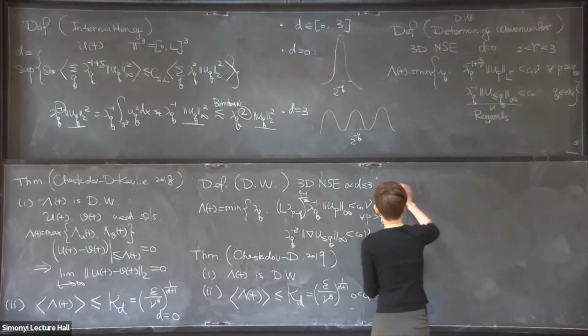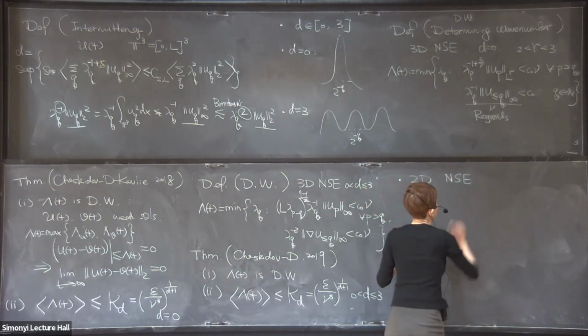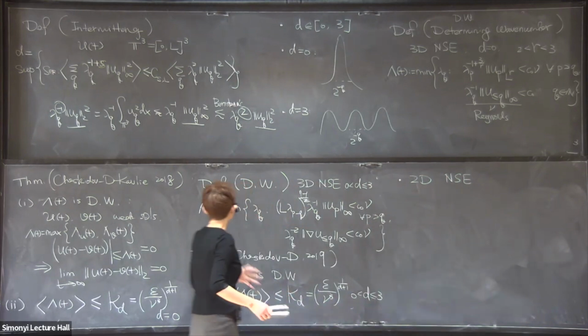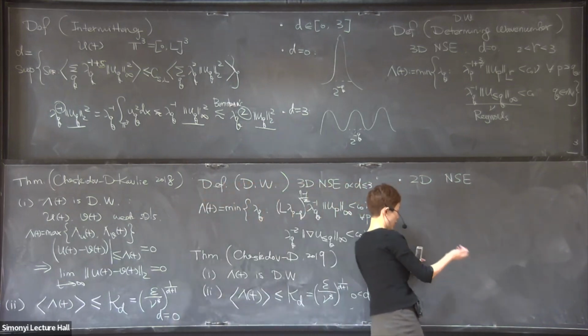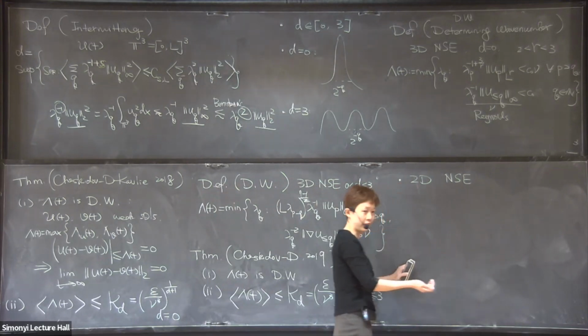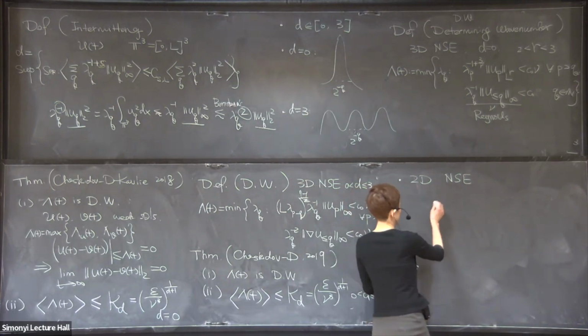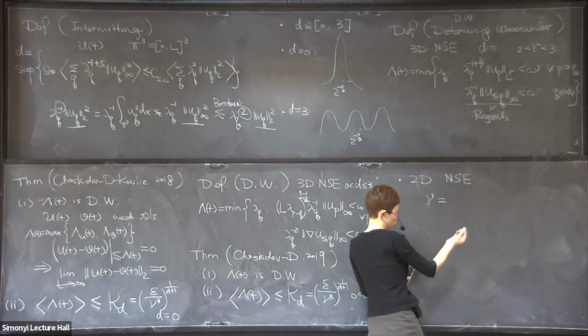So now back to 2D Navier-Stokes equation. Corresponding to kappa D, the Kolmogorov wave number, there is a criterion wave number for 2D Navier-Stokes equation, and that's the one physicists use.